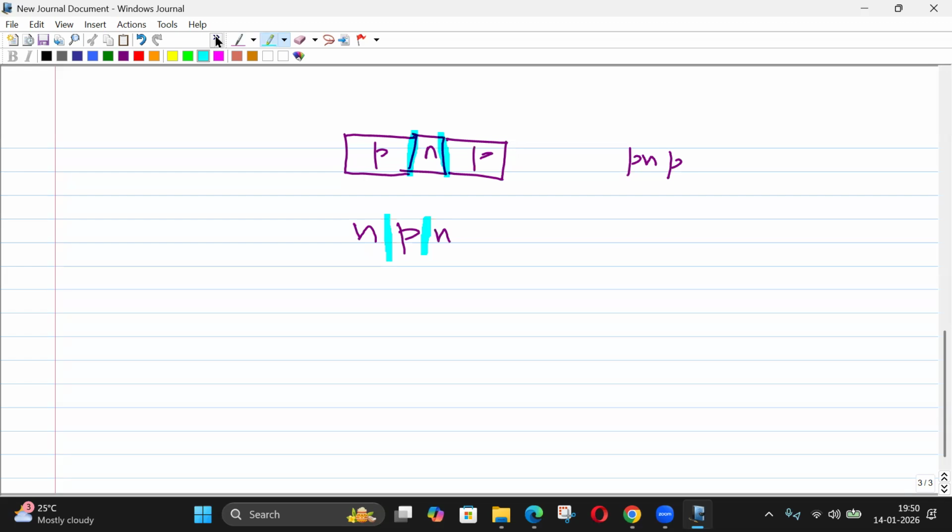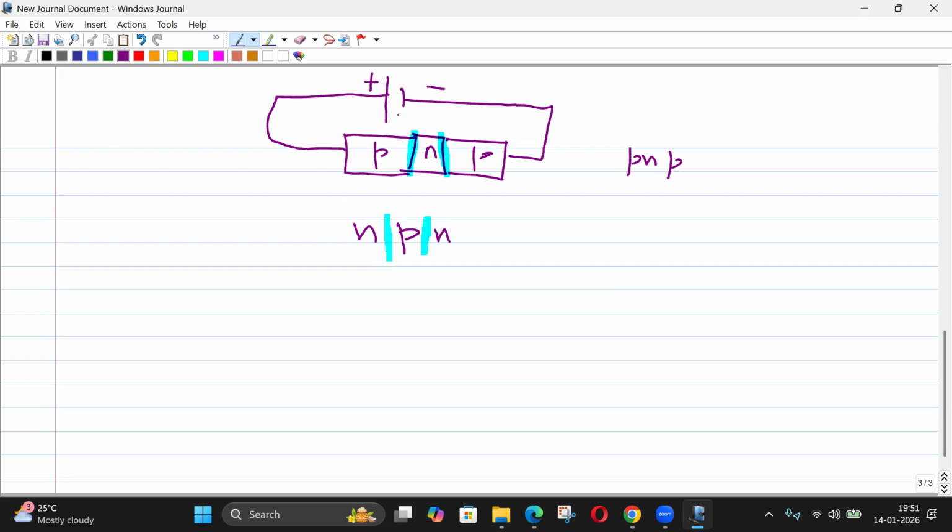And we can connect external sources. So if you connect like this, see this is positive.